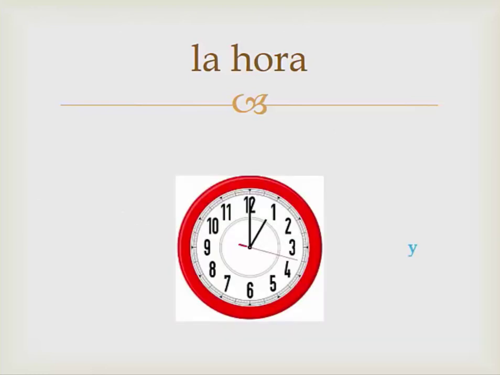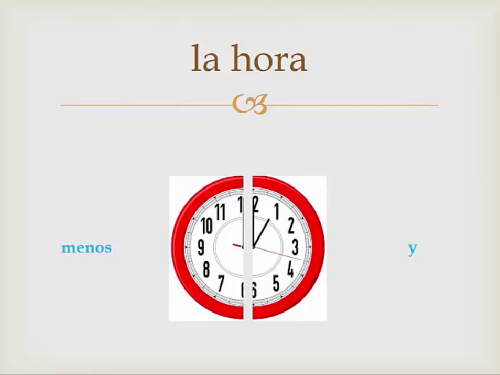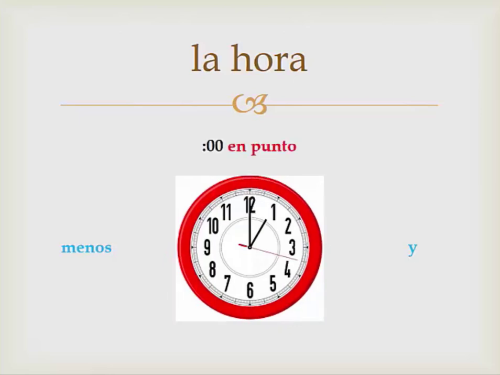Let's wrap this up. Y is what you use on the right-hand side of the clock. Menos is what you'll use on the left-hand side of the clock. And we have to consider it divided in half. If it's on the dot, you can say en punto. If it's 15, you would say y cuarto. If it's 30, you would say y media.